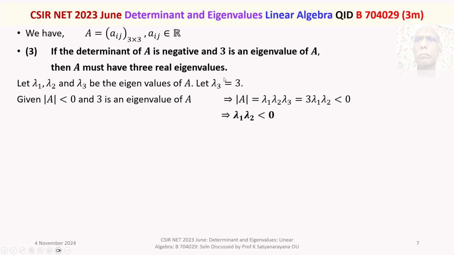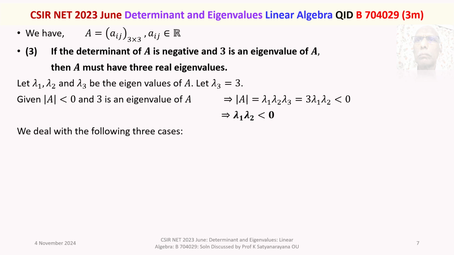Now 3 is already a real eigenvalue. Will the other 2 eigenvalues be real? If you say it is so, then our option 3 is true. We consider the following cases.